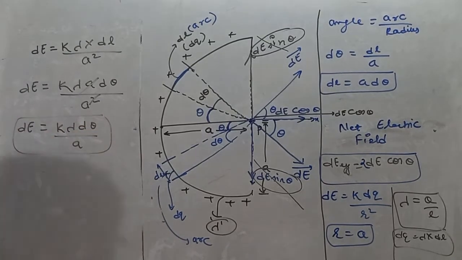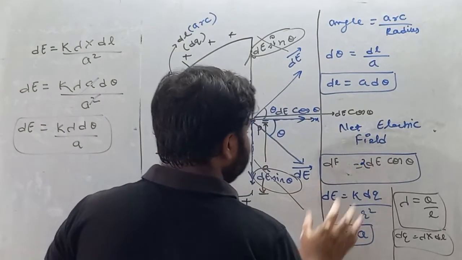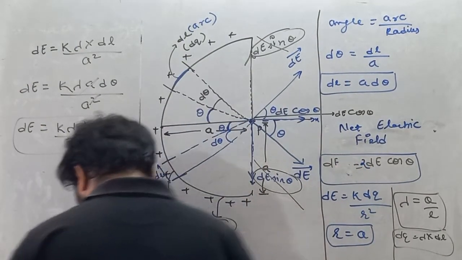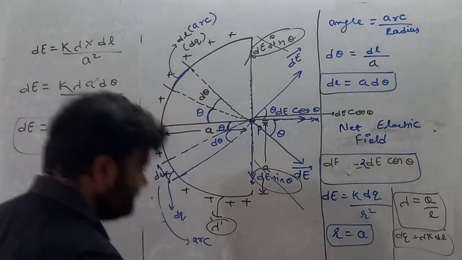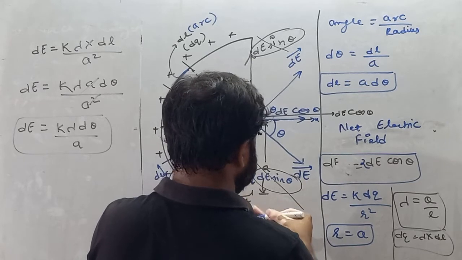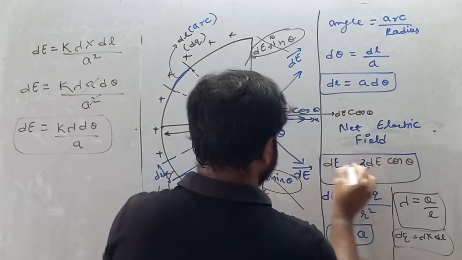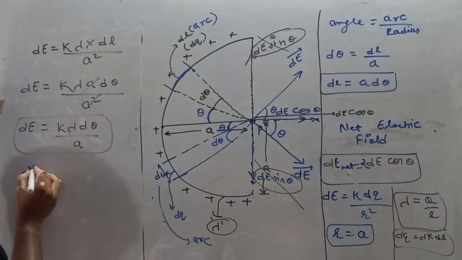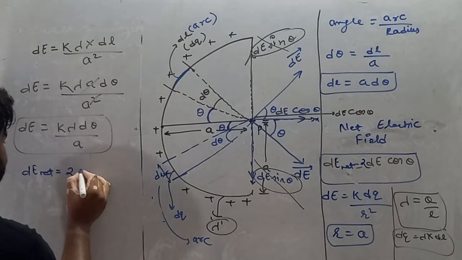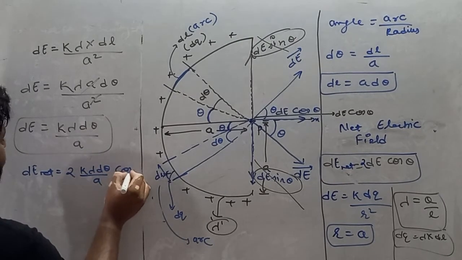Now put this value of dE in the total net electric field, dE net. So dE net is equal to 2 dE cos theta, which is 2 k lambda d theta by a into cos theta.